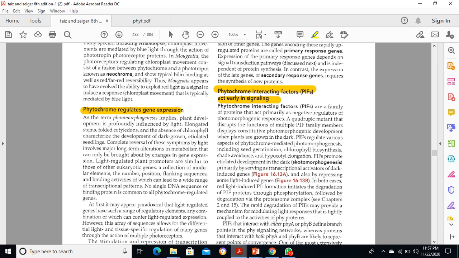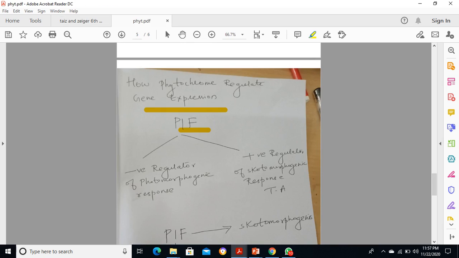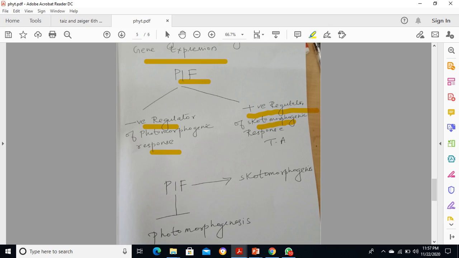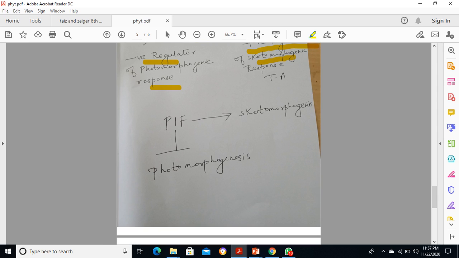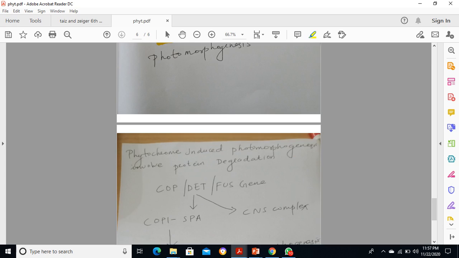PIF is a negative regulator of photomorphogenic response, as well as a positive regulator of scotomorphogenic response. What is scotomorphogenic response? It is a dark mediated response. So you can see PIF acts as an inhibitor of photomorphogenic response, and PIF will promote scotomorphogenic response.